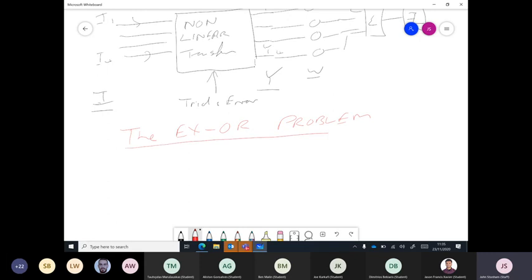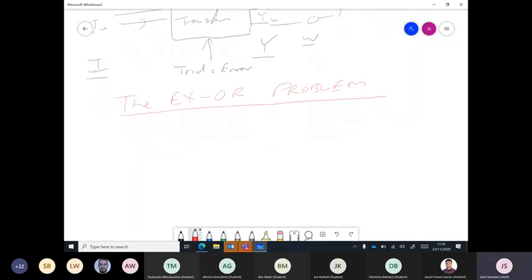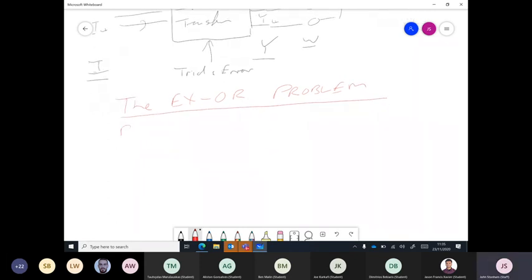Now, the XOR problem can be a binary problem, and if I look at the patterns on a graph of the XOR function variables a and b, they can be 0 and 1, f equals a exclusive or b.